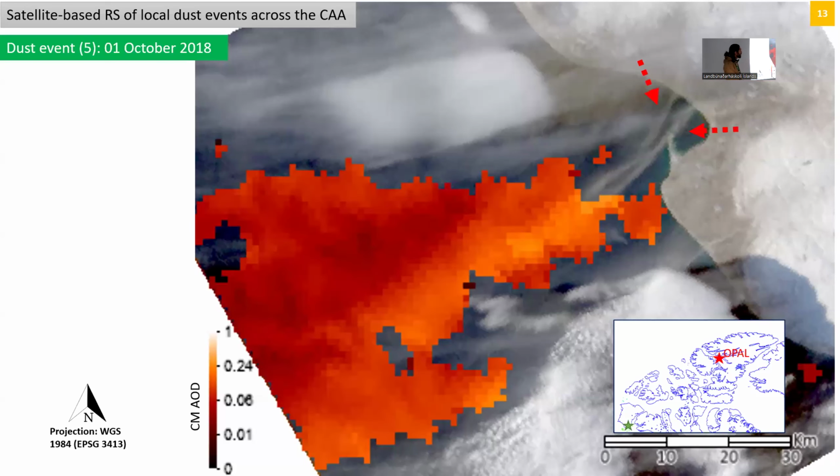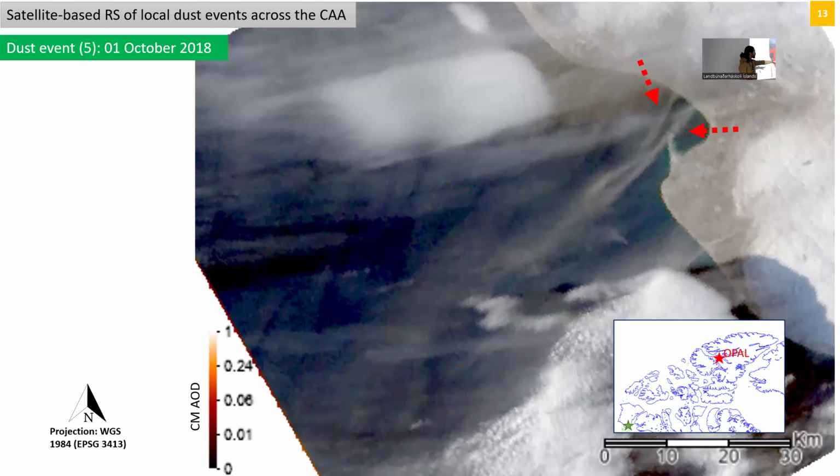Again, you see the coarse mode optical depths correspond with the plume region. There is a map on all the slides that shows the location of Opal, which is the red star, and the location of that dust plume, which is the green star. So you can see the geographical context of the region.